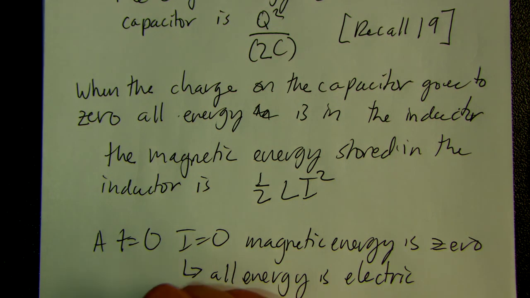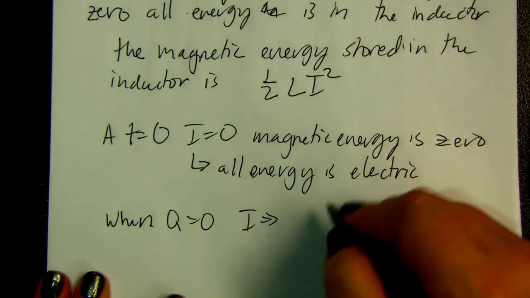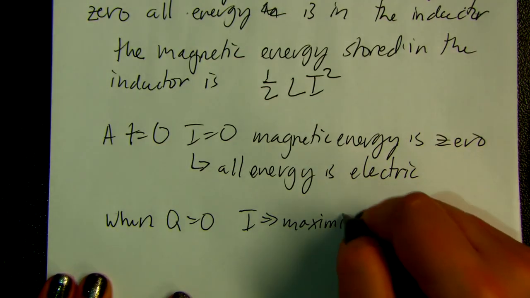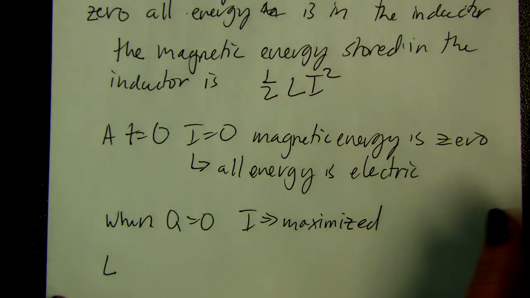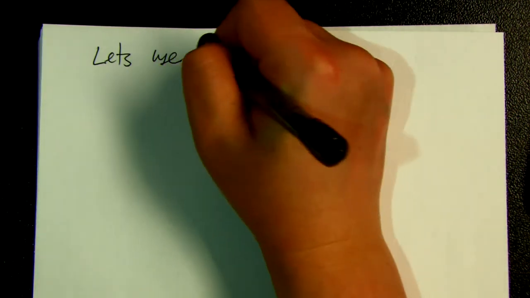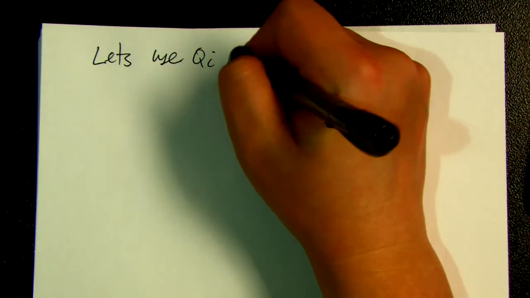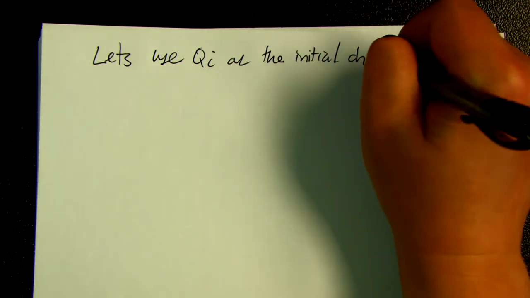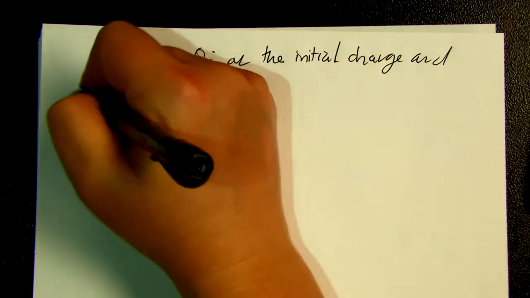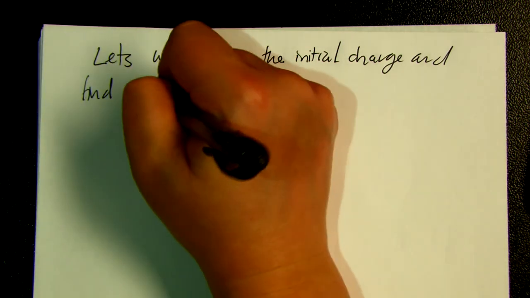And when Q equals 0, I is maximized. All right, so what we're going to do is we want to get some useful handy-dandy equations. Let's use Qi as the initial charge and find I max.